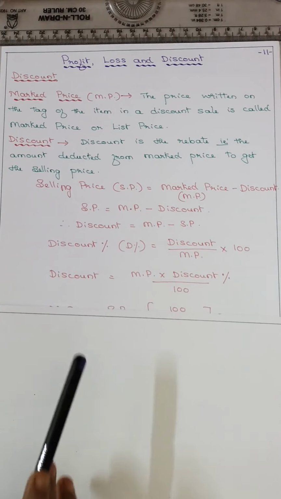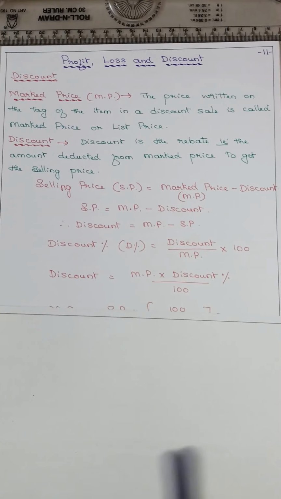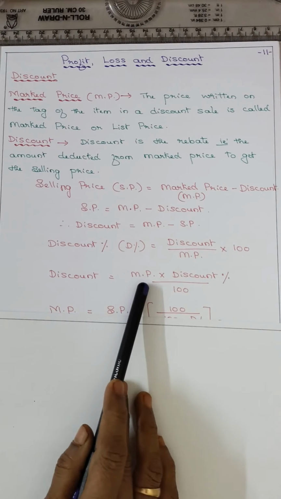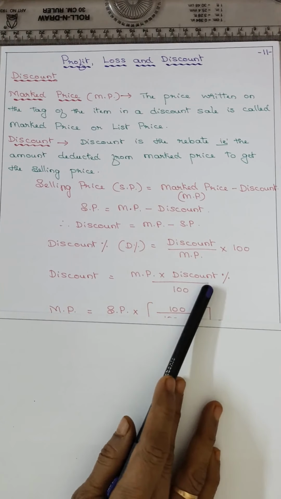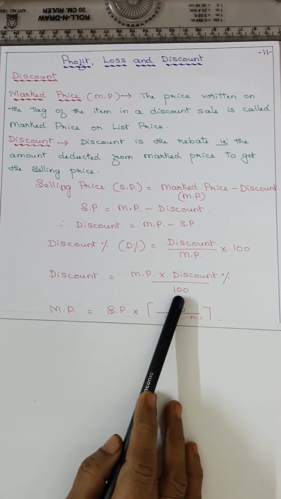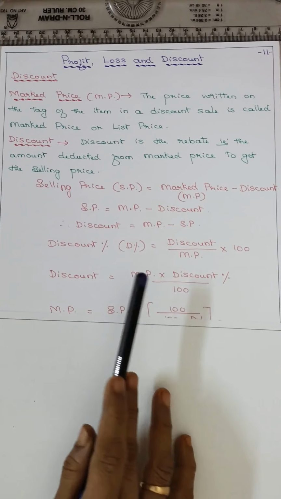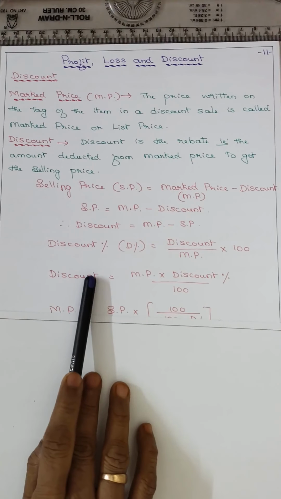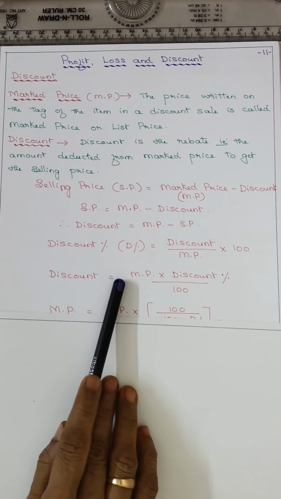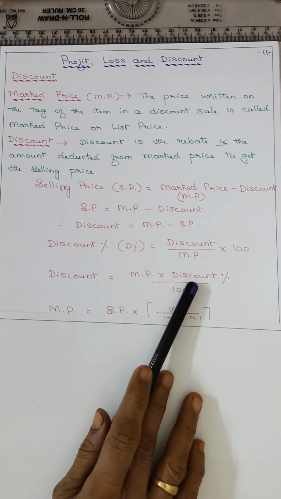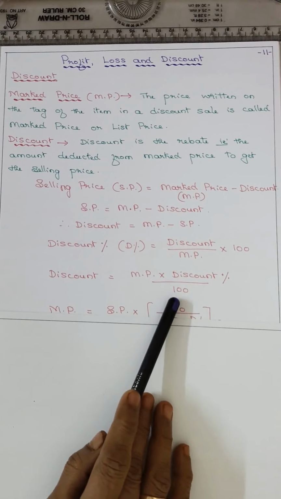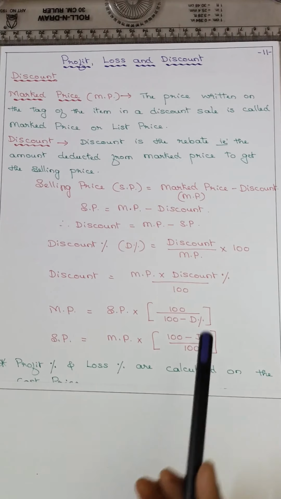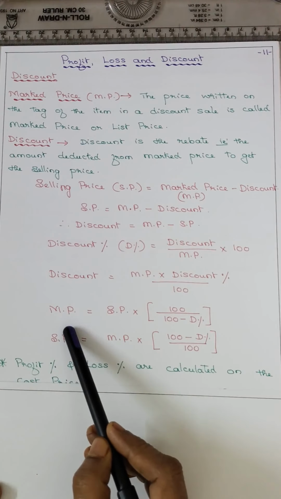Now when discount percent is given, the discount is equal to MP into discount percent upon 100. So when MP and discount percent is given, how to find out discount? Discount is equal to MP into discount percent upon 100. Now the formula to find out the marked price.